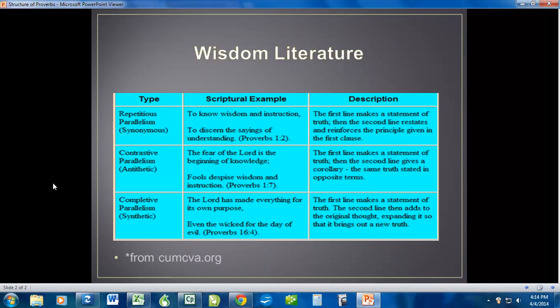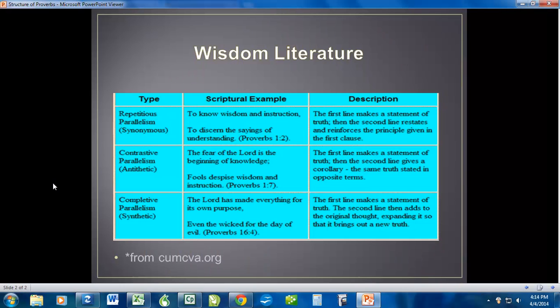So the fear of the Lord is the beginning of knowledge, right? And then fools despise wisdom and instruction, right? So there's more than just being opposite here. The fear of the Lord is almost not found at all down there in that second line, right? So the opposite would be no fear of the Lord, right? And so maybe that's something that you could infer from this, even though it's not necessarily stated.